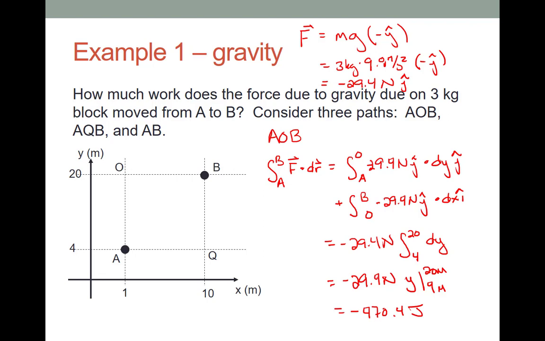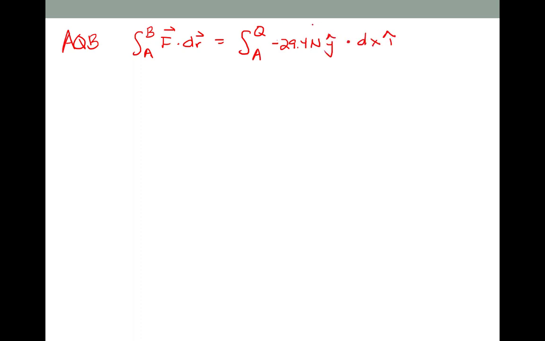Now let's redo this exact same integral, but instead follow the path from A to Q to B. When I go from A to Q to B, I start off the same way. Again, I'm going to break into 2 pieces for my path. I'm going to go from A to Q first, and that will be my force, negative 29.4 newtons j hat, dotted with dx i hat.